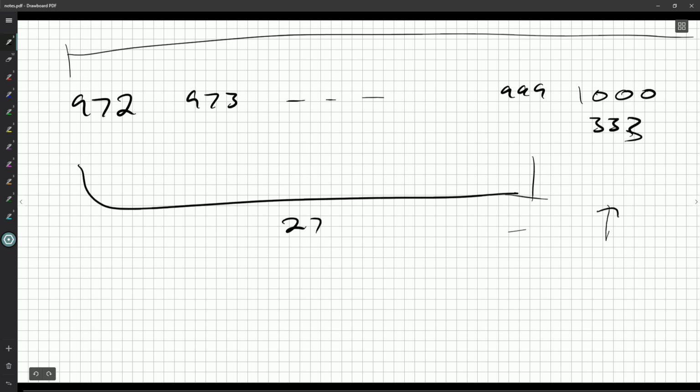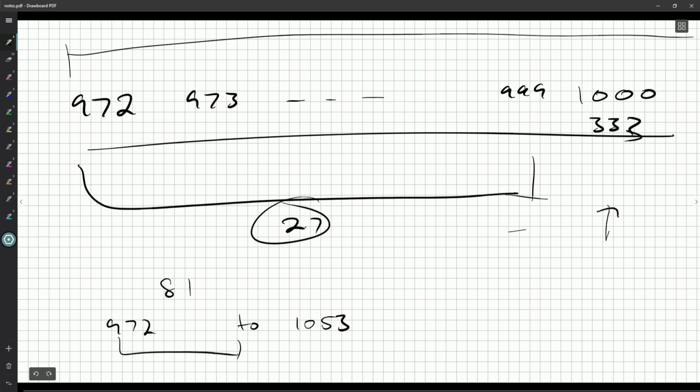Yeah, none of these should count, because if I've got a group of 81, so that would be 972 to 1,053. The first 27 of them don't count, and then we've got 28 numbers here. Well, sorry, 29 numbers technically. But these ones are 333s, so they don't count either. Yeah.